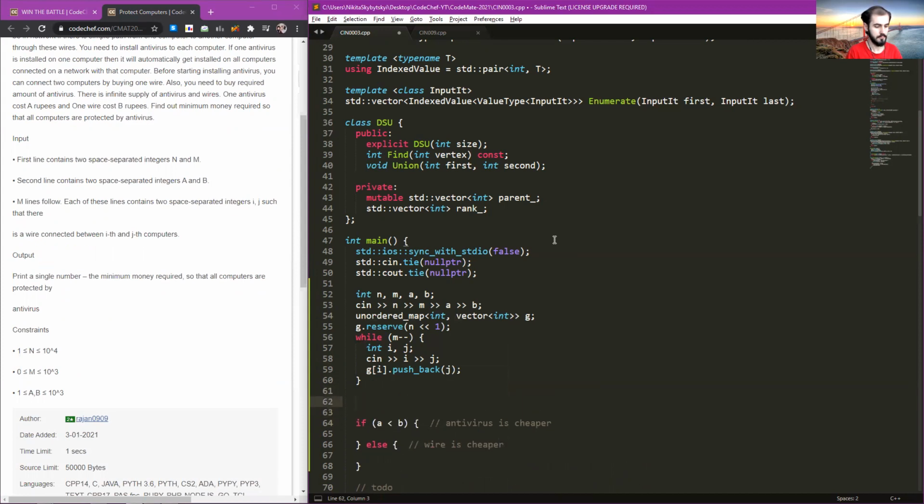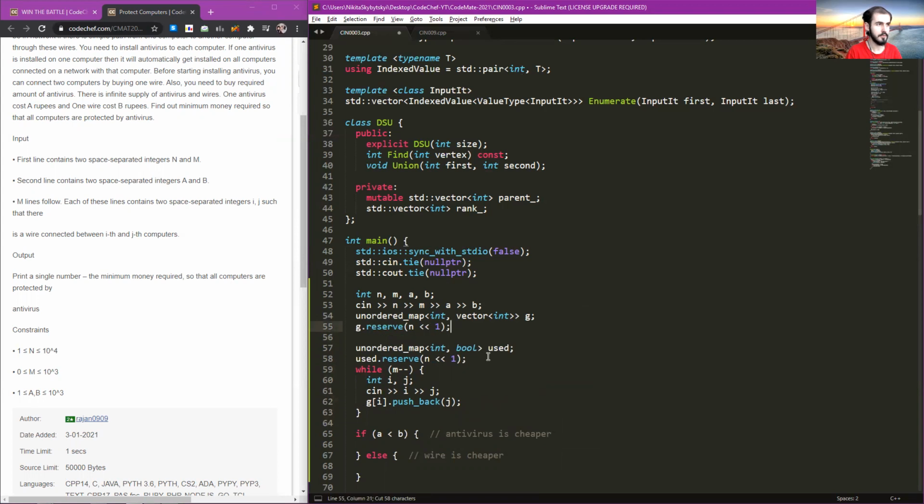Again, very inconvenient that they do not provide input formats. Oh, here, yes, okay. Not resize, but reserve, because I don't want my unordered map to reallocate memory several times. We'll do it here.